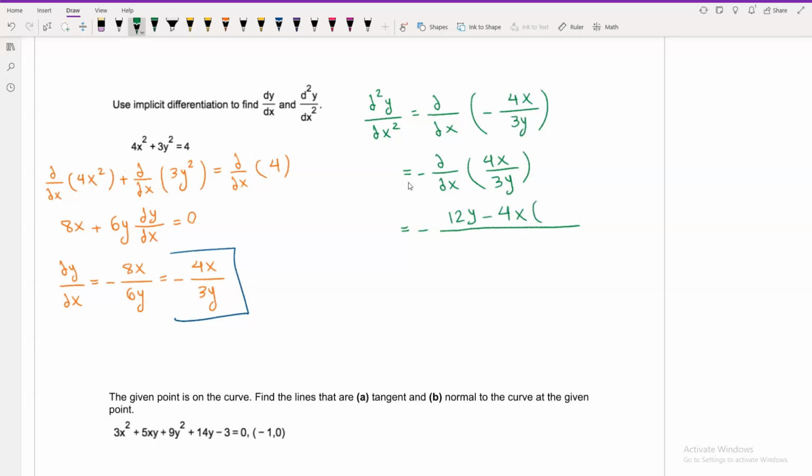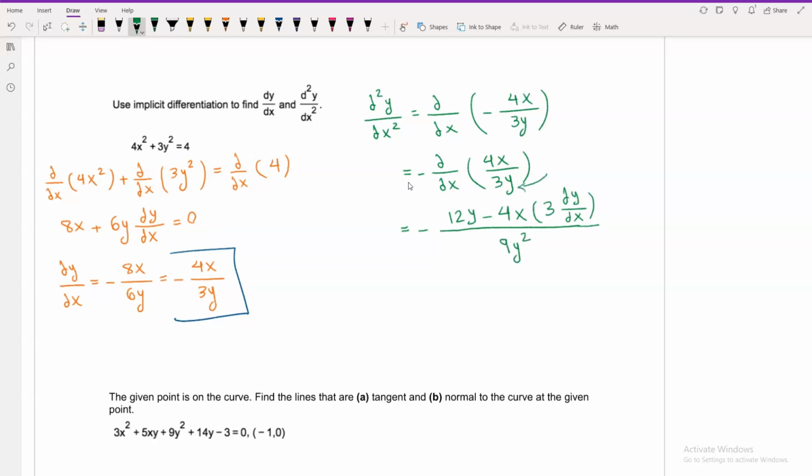Here we have 3 times dy divided by dx. And here in the denominator we have 9y squared.